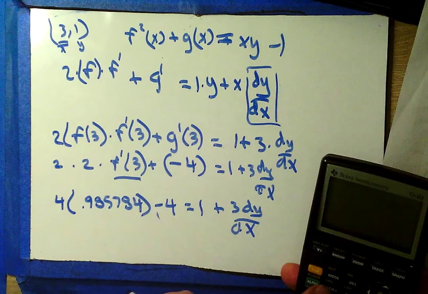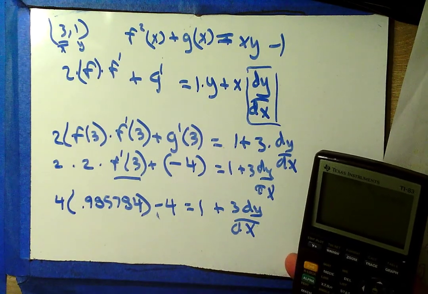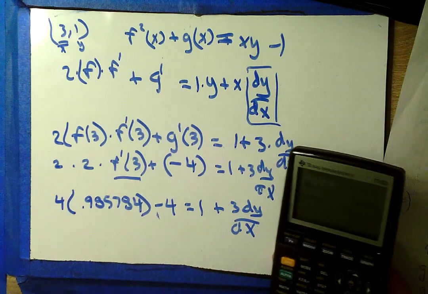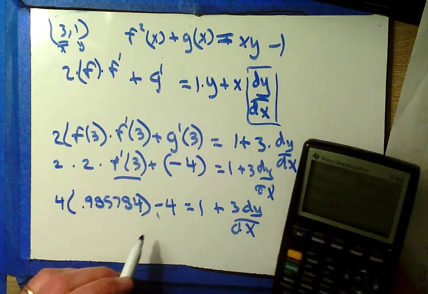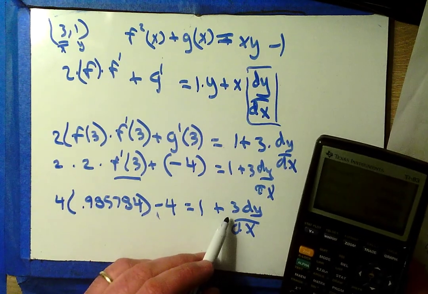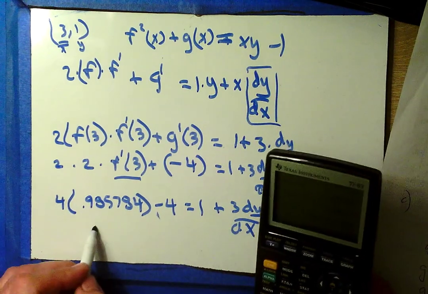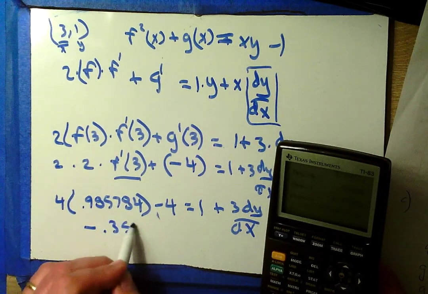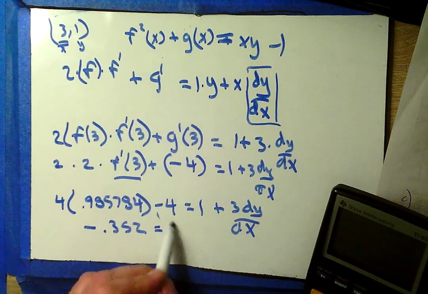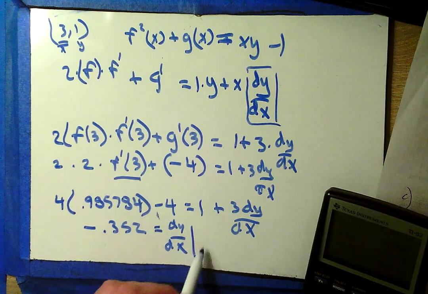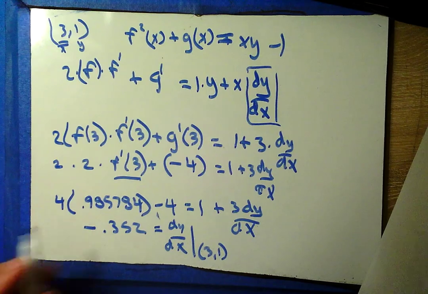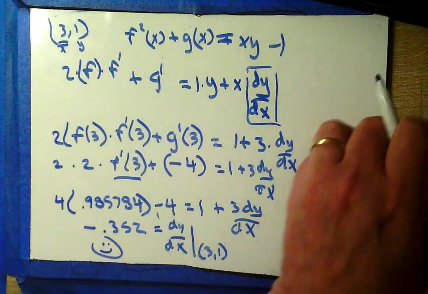So I'm going to take that number and multiply it by 4. I'm going to subtract 4 from that number. I'm going to subtract 1 from that number. I'm going to divide that number by 3, and I get negative 0.352 as the derivative dy dx at 3, 1. Let me just check my answer. Yes, that gets smiley face, and we're all done.